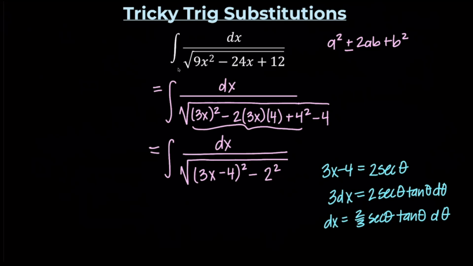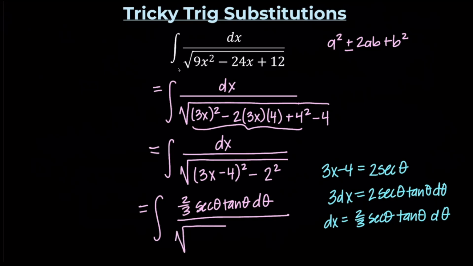So now my integral becomes 2/3 secant theta tangent theta d theta all over the square root of 3x minus 4 all squared, which is 2 secant theta all squared, that's 4 secant squared theta, minus 4.